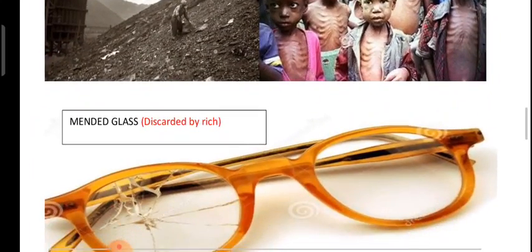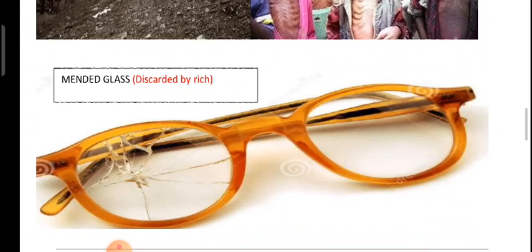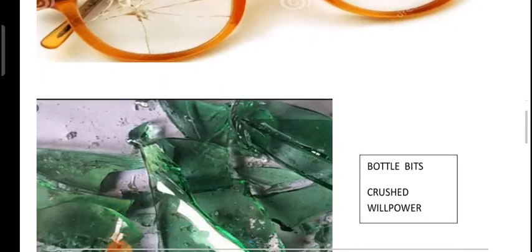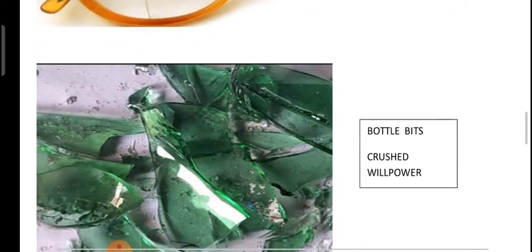Mended glass, discarded by rich. That is why you can see the picture of spectacles which have mended glass. Bottle bits. We all know crushed willpower. As the broken pieces of bottle, in the same way their willpower has been crushed.